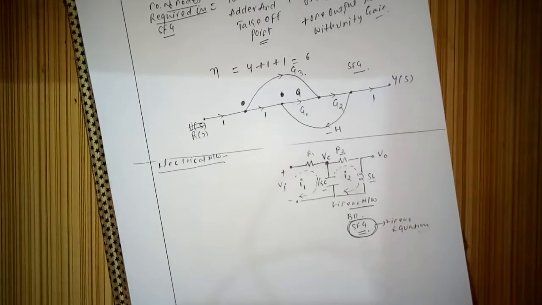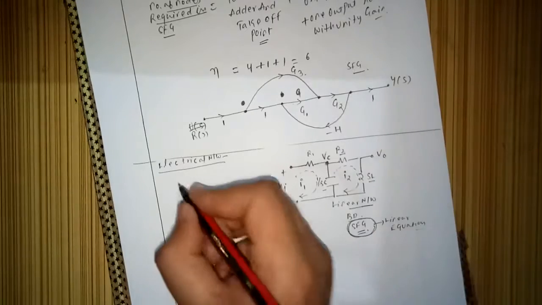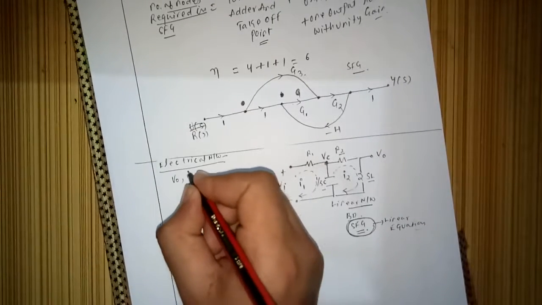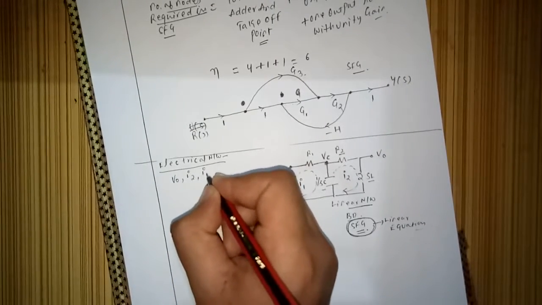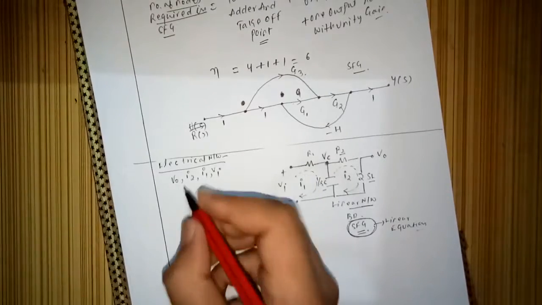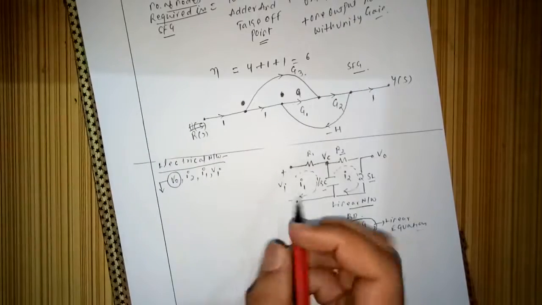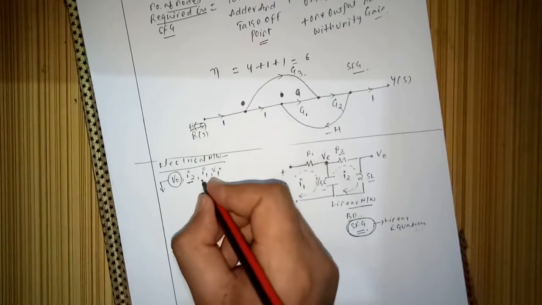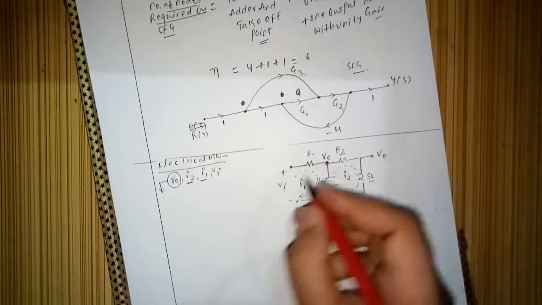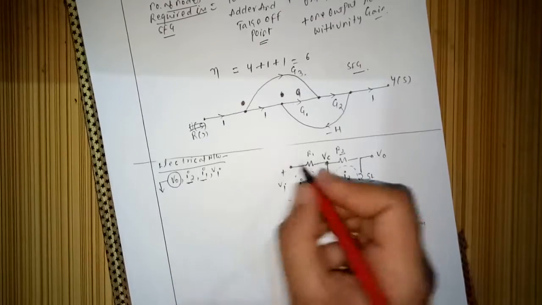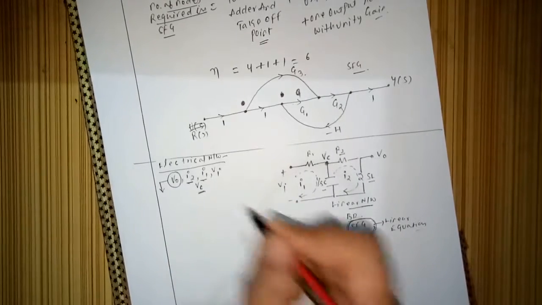We will get linear equations in terms of V0, I2, I1 and Vi. V0 will give a relationship for output, and I2, I1 are the currents flowing through this, from which we can obtain even VC, right?